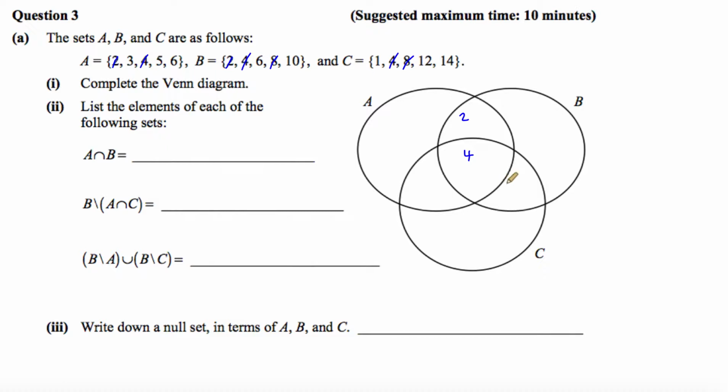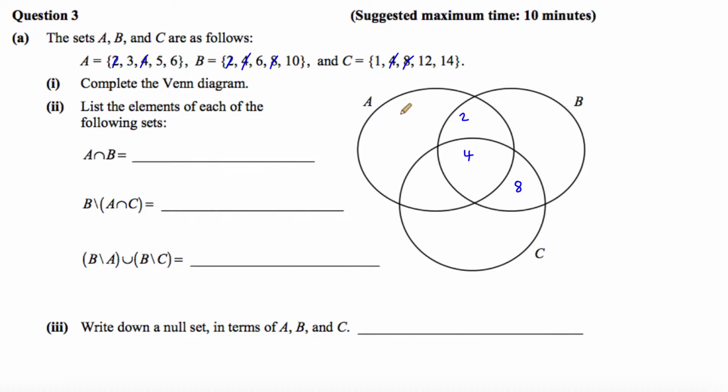So that would go down here, that number 8. Nothing else then is in B and C, so now I'm going to go over here. So what's in A and C? Well, A and C contains nothing. So I can then fill in the outer parts.